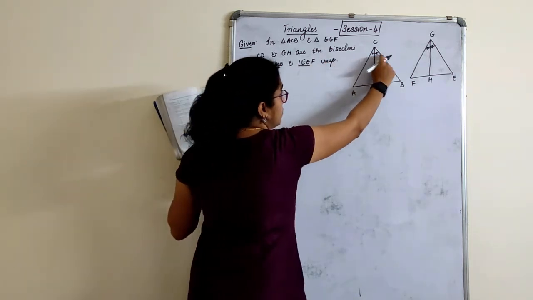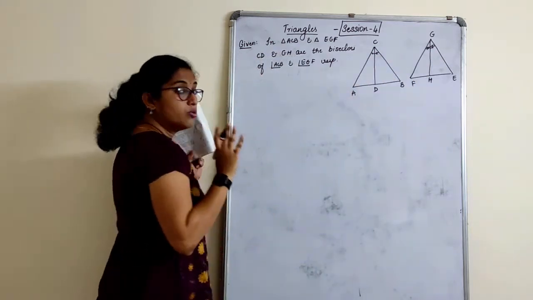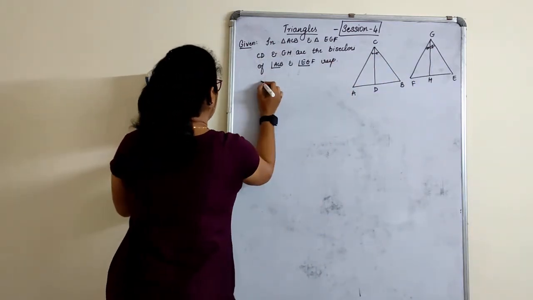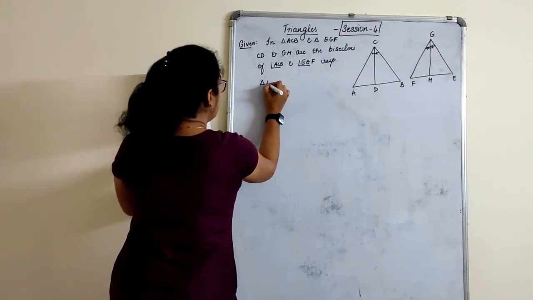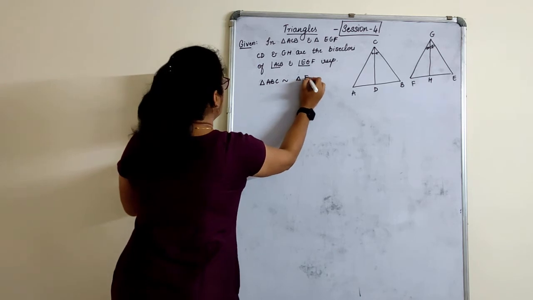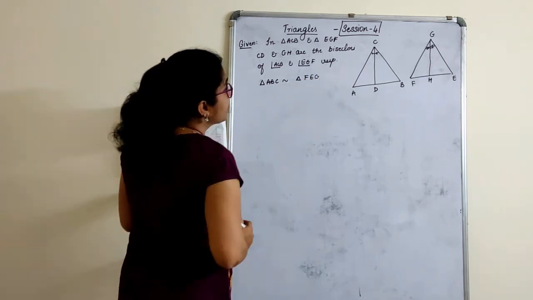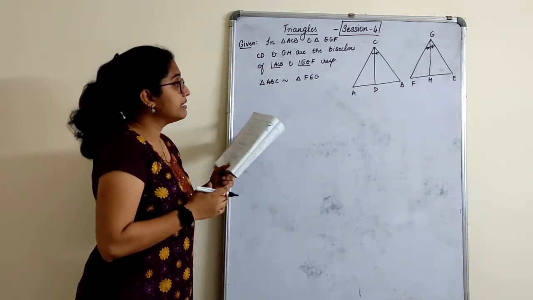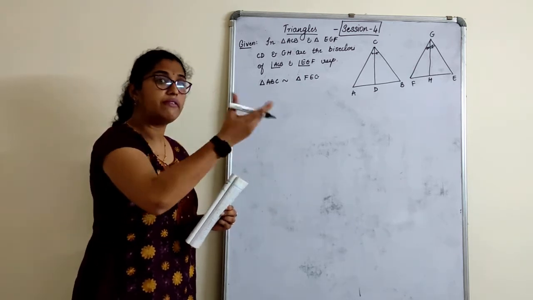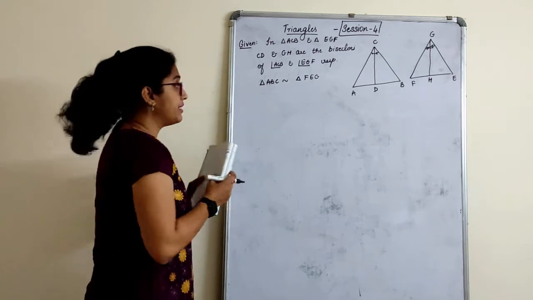Also, triangle ABC is similar to triangle FEG. Now, we will write the remaining part later, wherever we require in the proof.